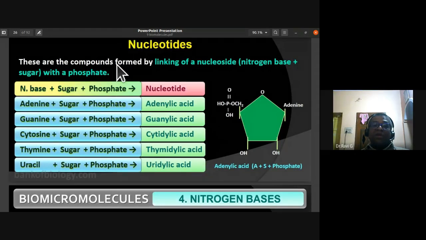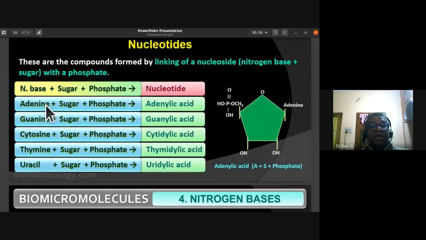So nucleotides are compounds formed by linking of a nucleoside with a phosphate group. It is composed of nitrogenous base, sugar, and phosphate group. That is the definition of a nucleotide.